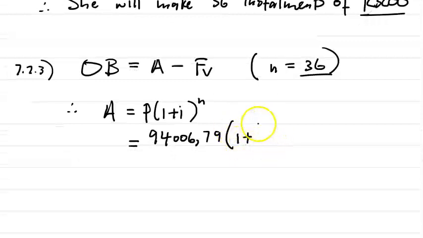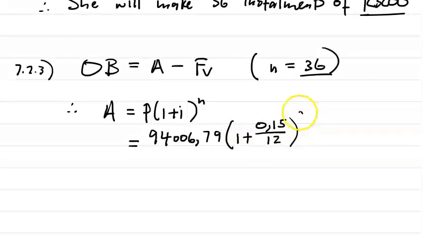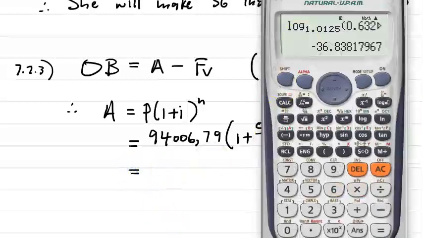So that will be 0.15 over 12, and the number of completed payments n is 36.